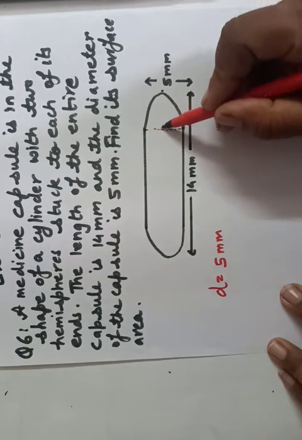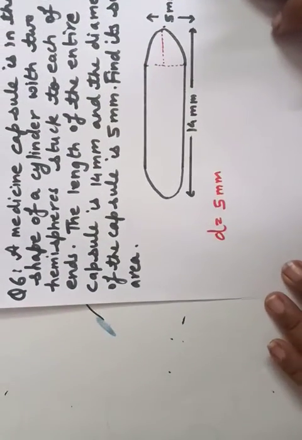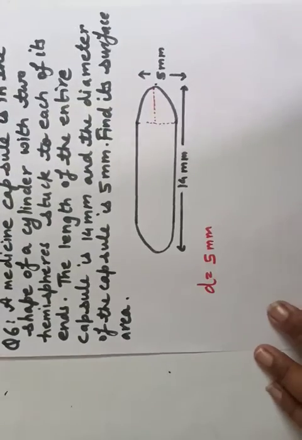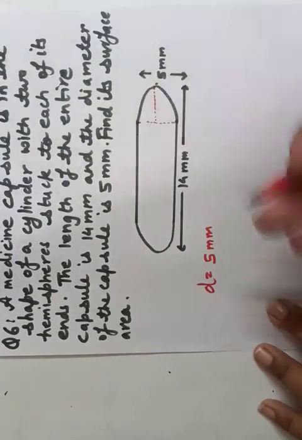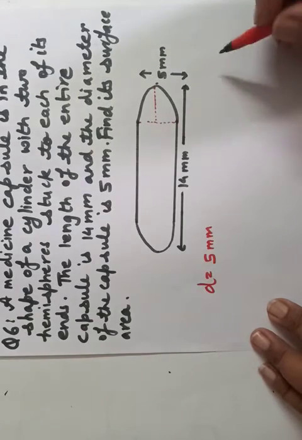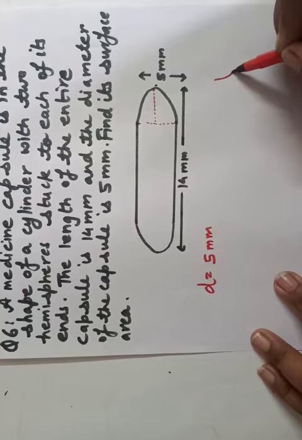Now if we talk about the hemisphere, see, you can think of your cricket ball. This is of sphere shape, and if we cut it in between along a parallel line, that will be the hemisphere. I'm just making a diagram for you of the hemisphere.